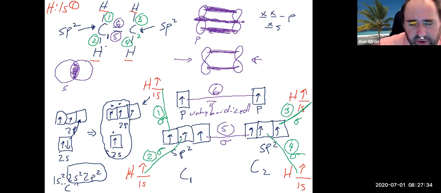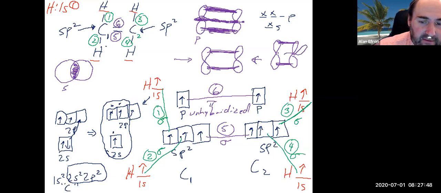Now, to make a triple bond, for example, and I'm going to do a really bad drawing here. If we had a triple bond, you would have one set of p orbitals overlapping like this. And then you would have another set of p orbitals, remember, on different axes like x and y, that are also overlapping.